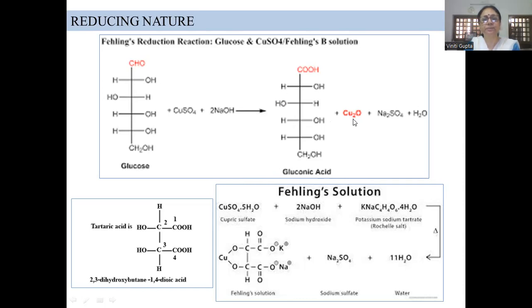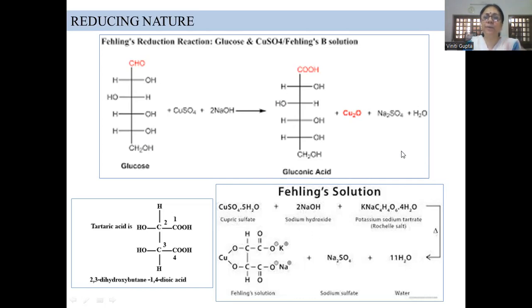Cupric sulfate is reduced to cuprous oxide, Cu2O. Now, this is a very interesting laboratory test, and you also have to perform it in your lab to identify a reducing sugar from a non-reducing sugar. So if I give you glucose and I give you starch or sucrose, glucose will give you this test, but starch and sucrose will not give you this test. They will not form cuprous oxide.